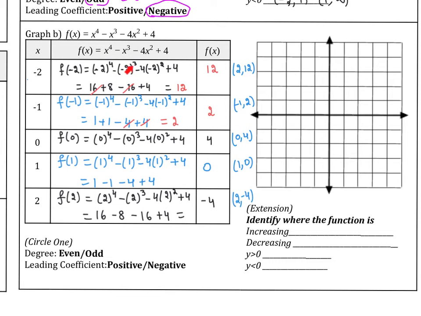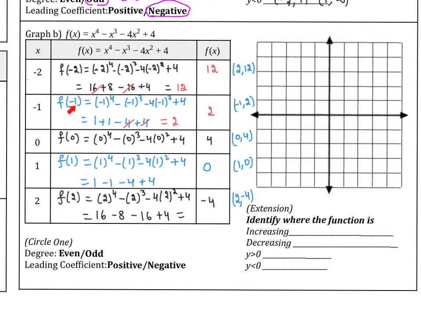So that's going to be 16 plus 8. -4 times 4 would be -16, plus 4. The 16 negative and positive cancel. 8 plus 4 is 12. So your point is -2 comma 12.